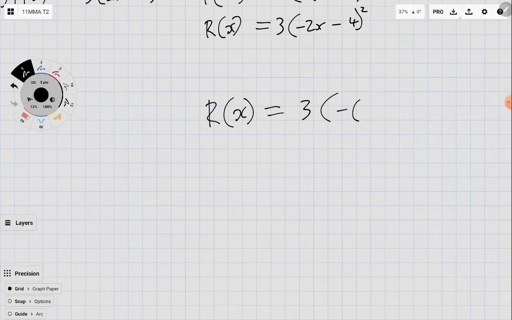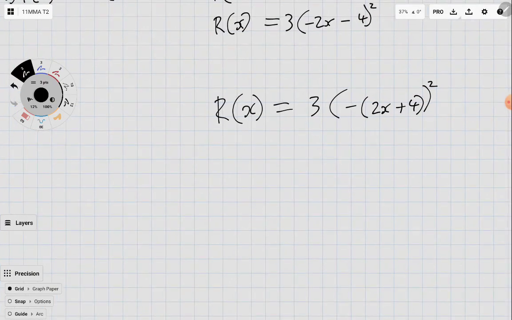So we get negative (2x minus 4) squared. Because I've just taken that factor out, remember, expanding, I could just put it back in. But anyway, this is just a quick recap on factorization. But notice what we can do. What's a negative squared?